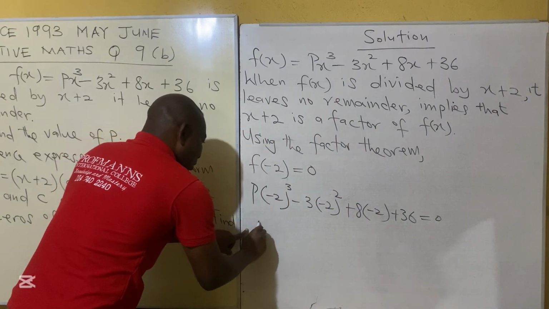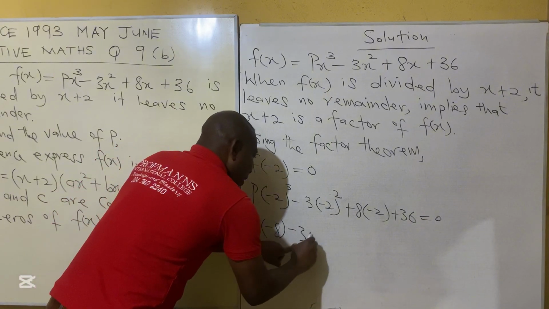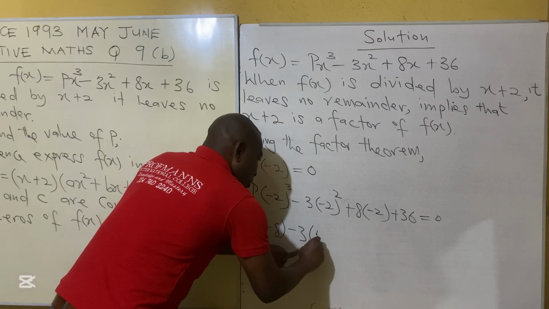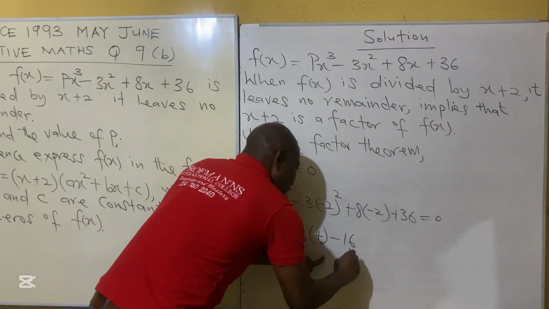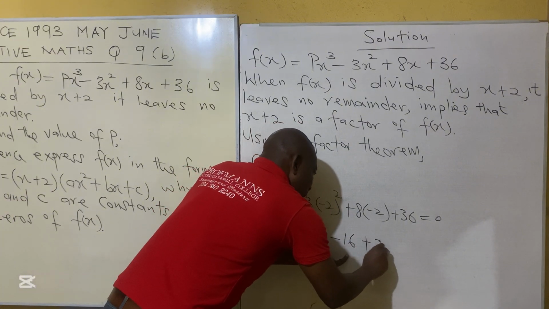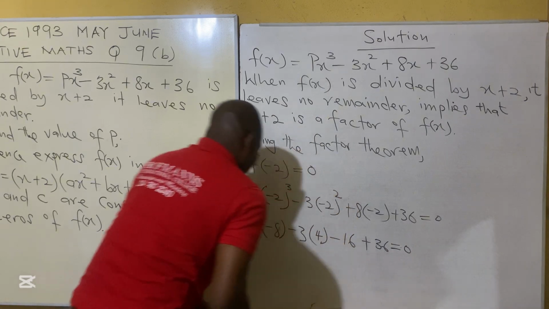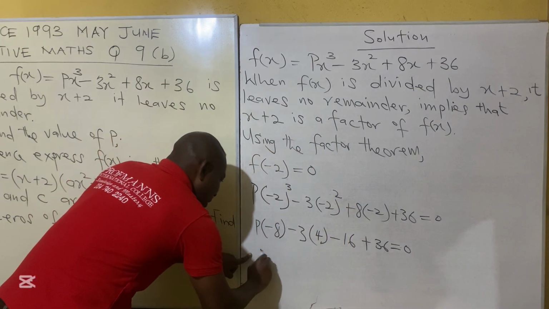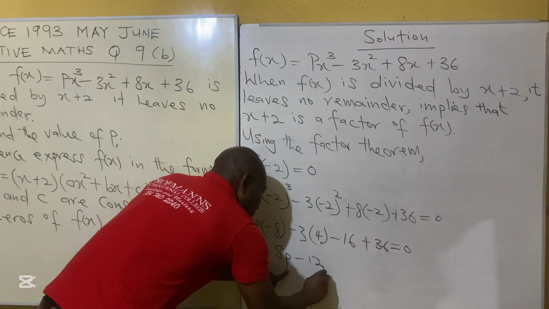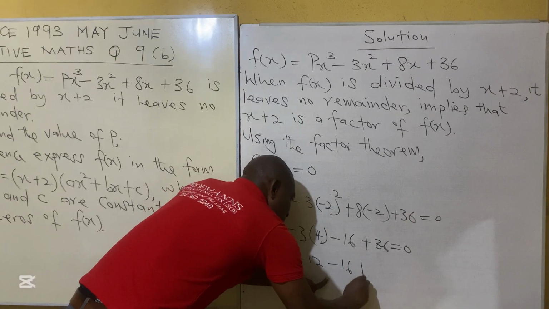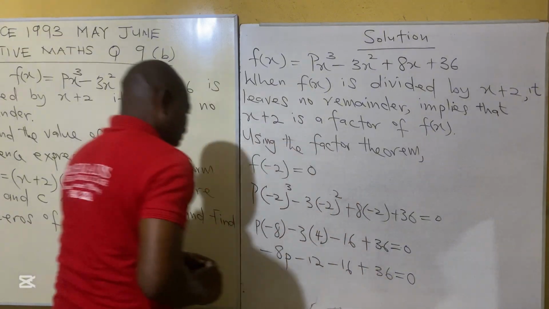Now, this becomes p into minus 8 minus 3 into positive 4, minus 16 plus 36 equals 0. Now, when we multiply, we get minus 8p, minus 12 minus 16 plus 36 is equal to 0.